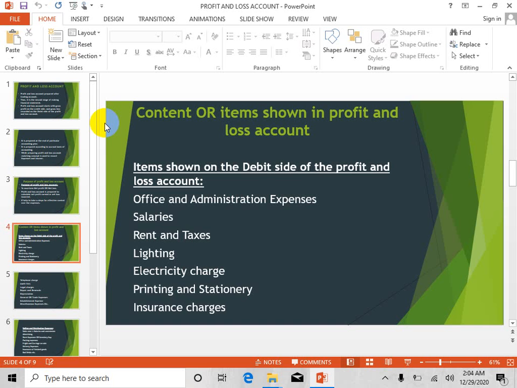Rent: we pay rent of the building, home, office, flat, etc., right? Lighting, electricity charges, printing and stationery, insurance charges, right? These are the items that we record on the debit side of the profit and loss account, right?